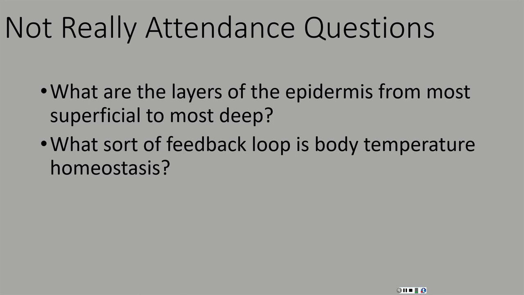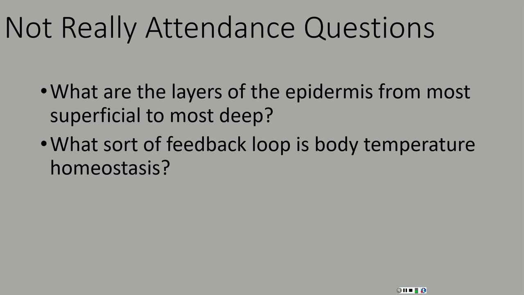We're going to skip over the stratum lucidum, so you don't have to know that one here. Stratum granulosum is next. Stratum spinosum. And then the stratum basale. So, remember, come get some bacon. Corneum, granulosum, spinosum, and basale.